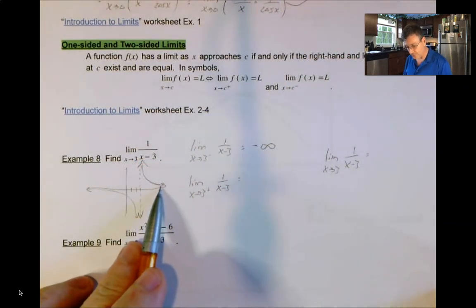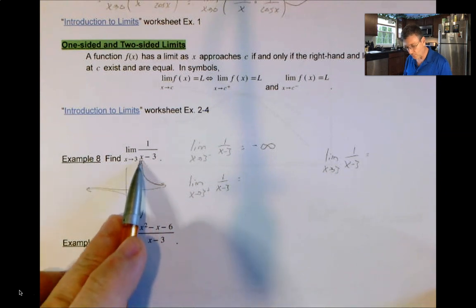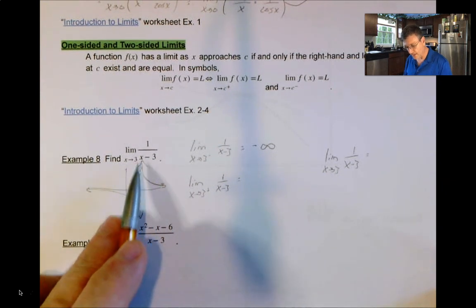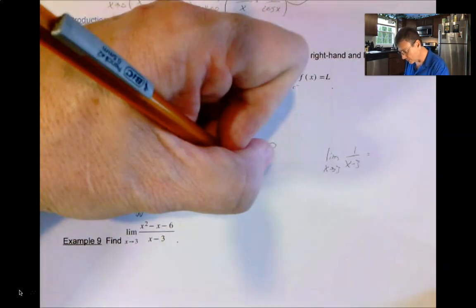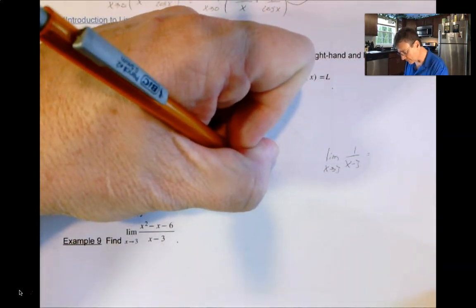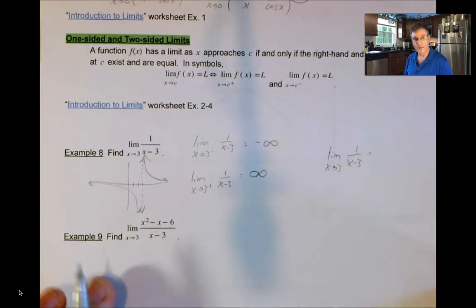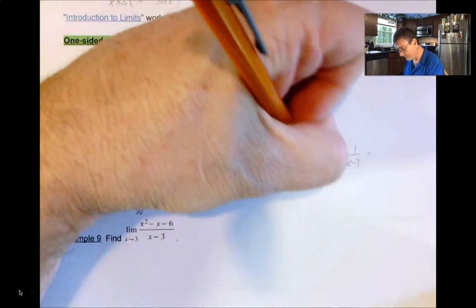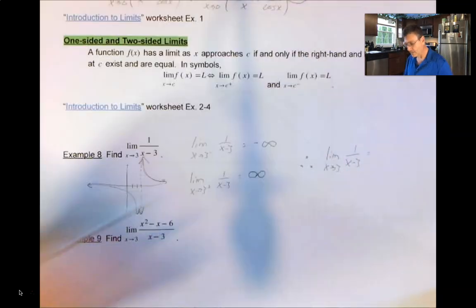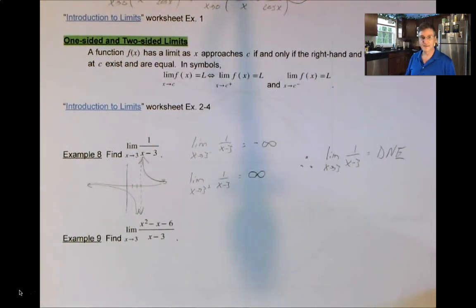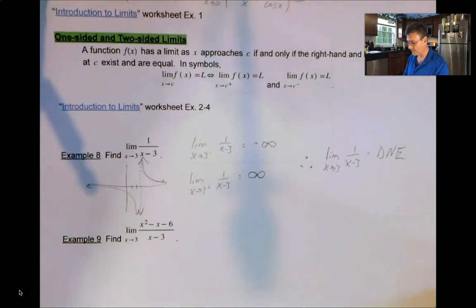As we approach x equal to 3 from the right, the function is blowing up and going to positive infinity. These do not agree, therefore the two-sided limit does not exist. DNE.